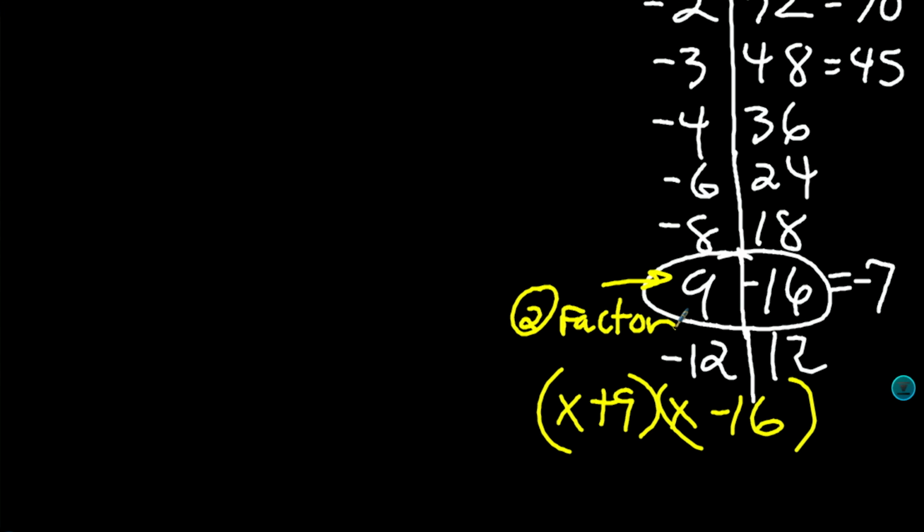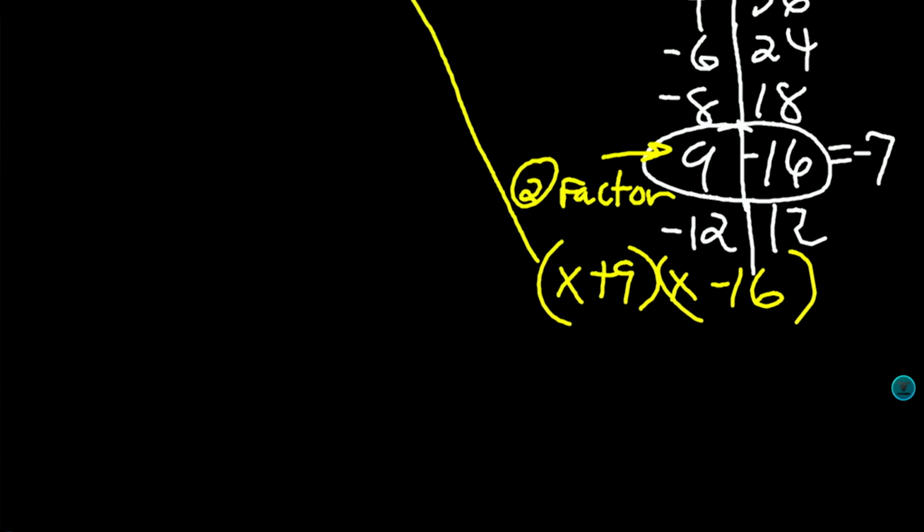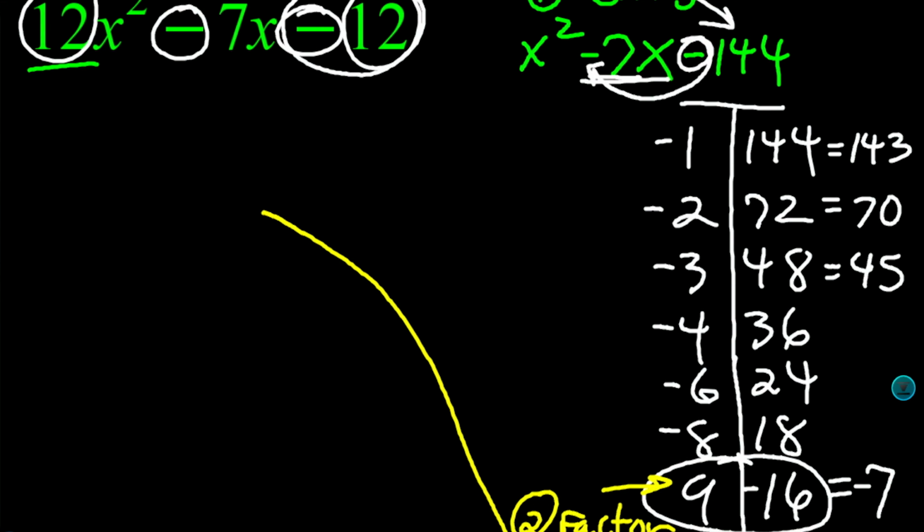All right, now that we factored, remember the next step was to come back, bring it back up here, and now we need to fix what we've done. So our third step was to fix it, because remember, that was the factors of this equation, and we're looking for the factors of our original equation that we started with.